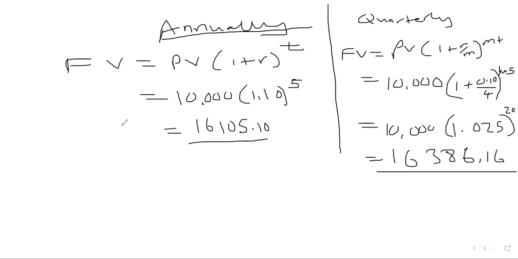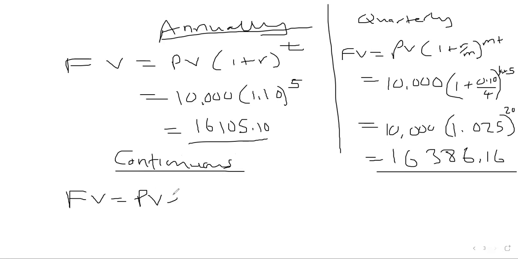than once. Suppose you're asked to find continuously how much it would grow to. Future value continuously will be the present value times e to the power RT. So our 10,000 will be here. Our e is from the calculator. Our R is 10%. Our time is what? 5 years.